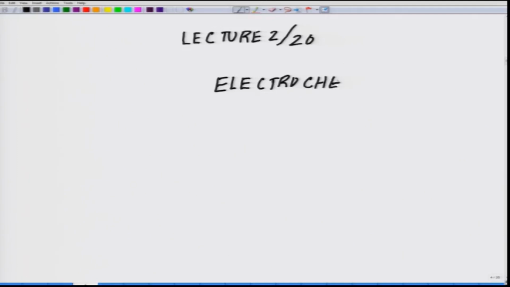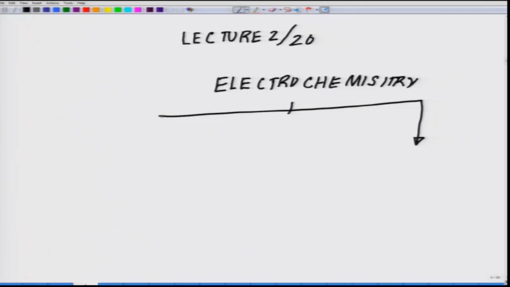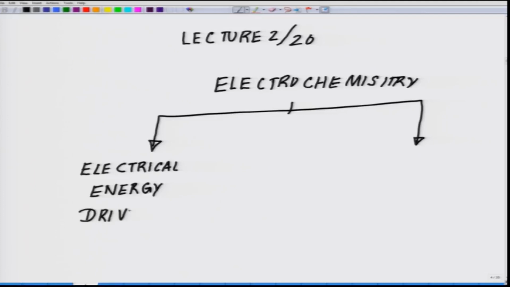So, in other words, when we talk about electrochemistry, these 2 aspects need to be kept in mind, and these 2 are dealt with in a separate way. So, one is electrical energy driving chemical reaction.